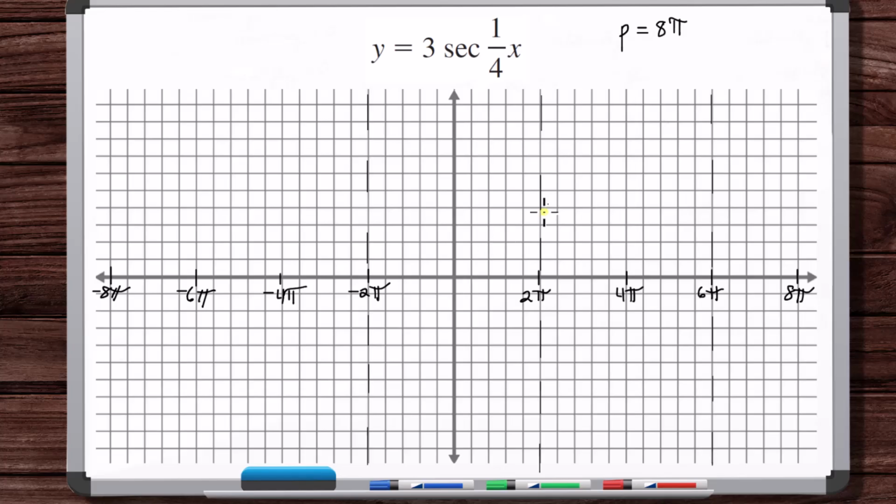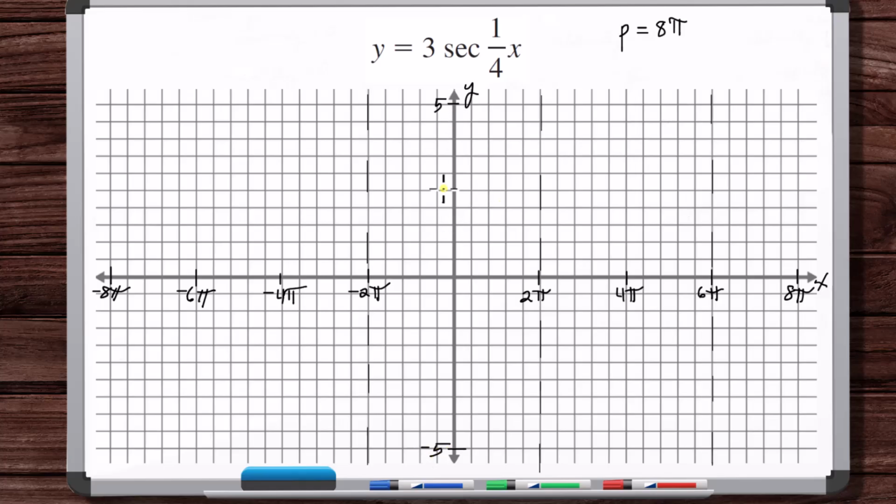Now, this has been scaled up about the y-axis by a factor of 3. So those local minimum and maximum points are going to be, instead of 1 and -1, at 3 and -3. So we can still do 5 to -5.